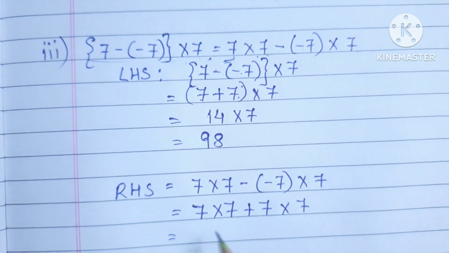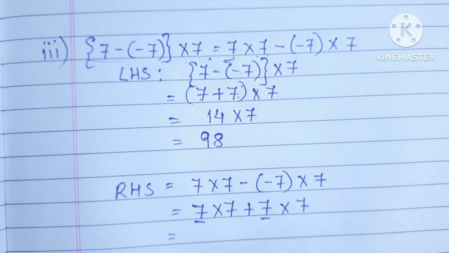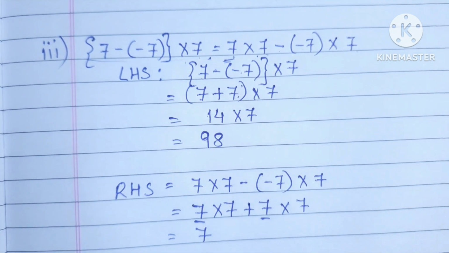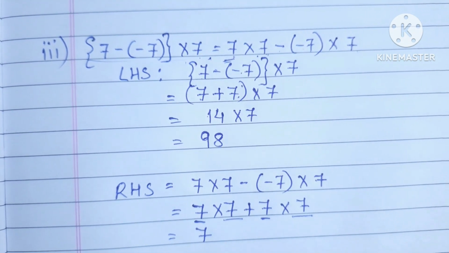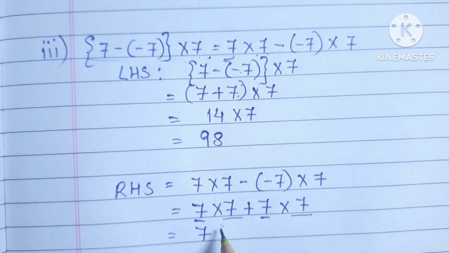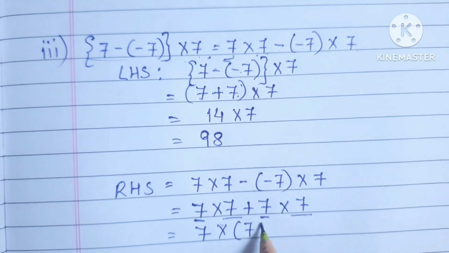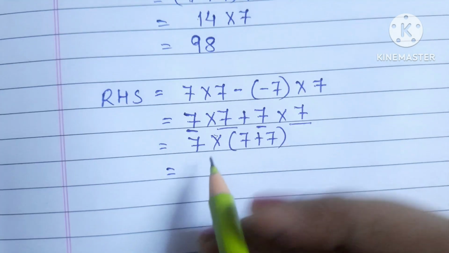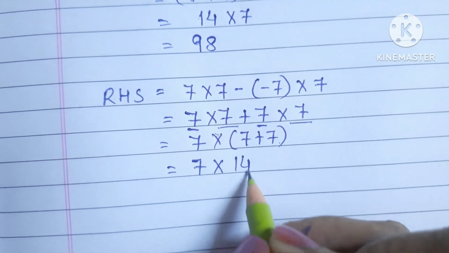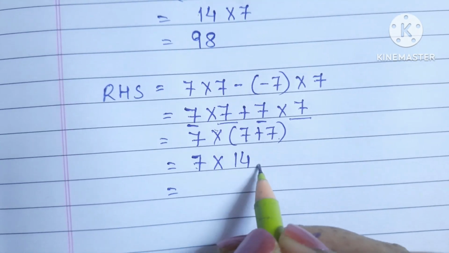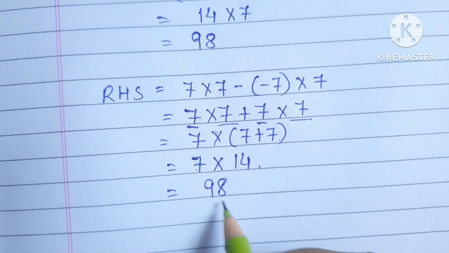Again, by using the distributive property, I will take these 7 out of the brackets as common. So 7 multiplied by 7 plus 7, which is 7 multiplied by 14, is again 98.